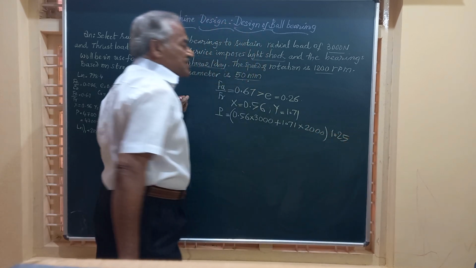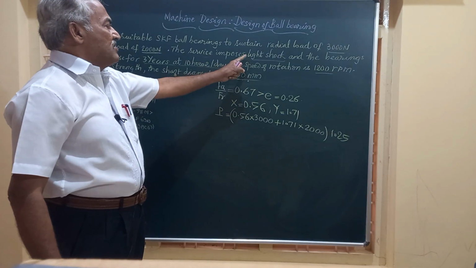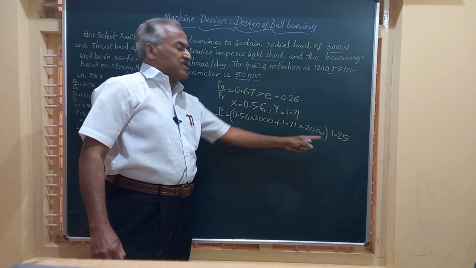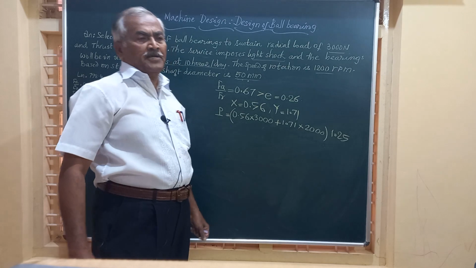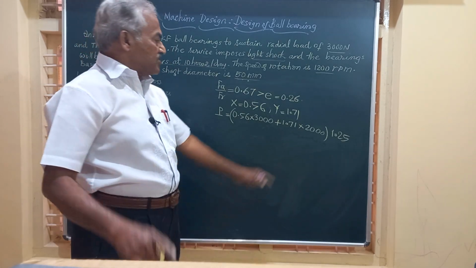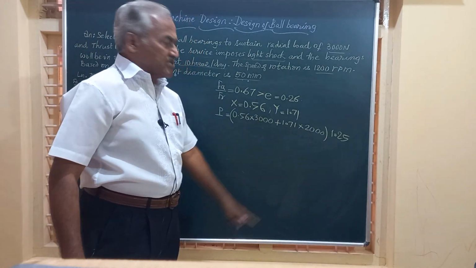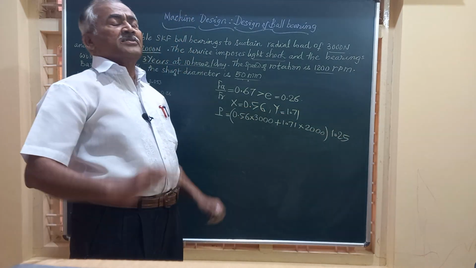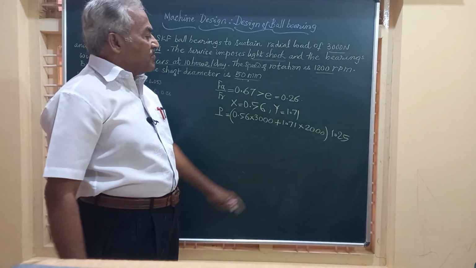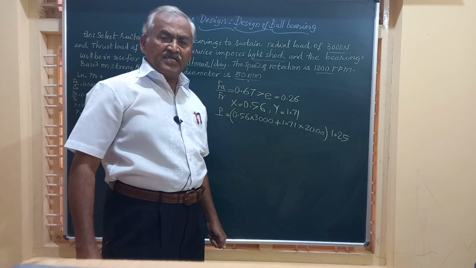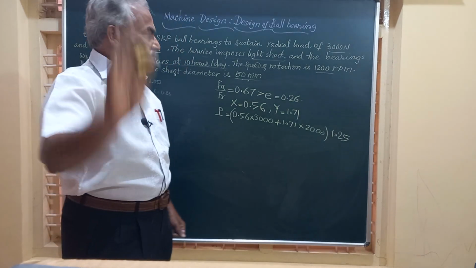I told you that is the shock factor. For light shock, this value has to be multiplied by 1.25. For medium shock, it has to be multiplied by 1.5. And for heavy shocks, the multiplying factor varies from 1.75 to 2.